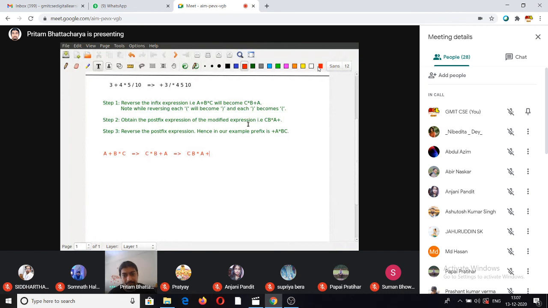Okay. And finally, this postfix that you got, you reverse the postfix expression. You just flip it back. So you get plus a star b c. So this is basically a reverse step.